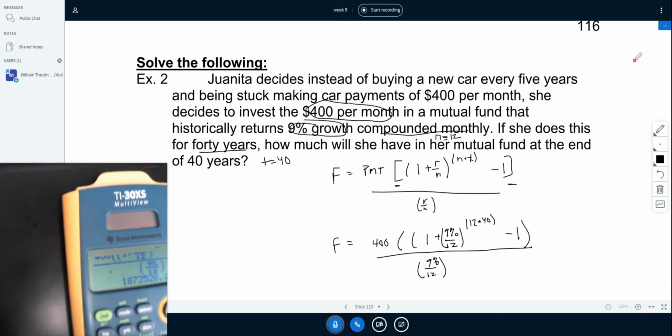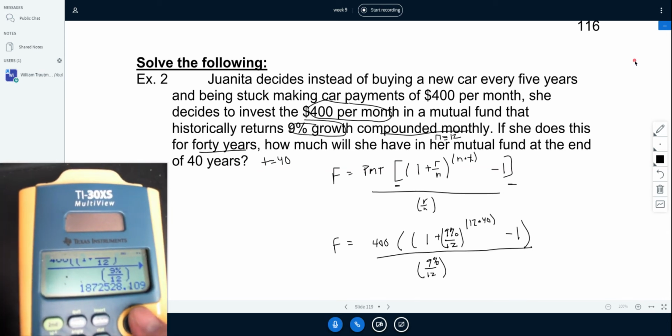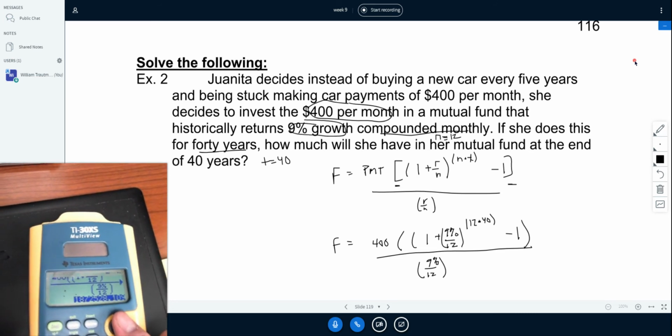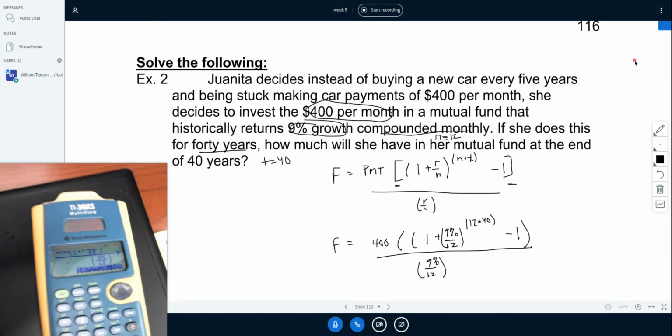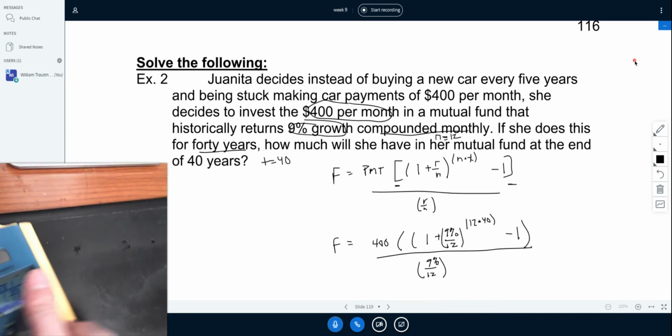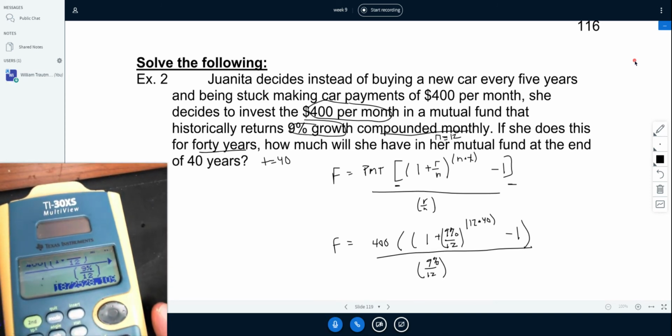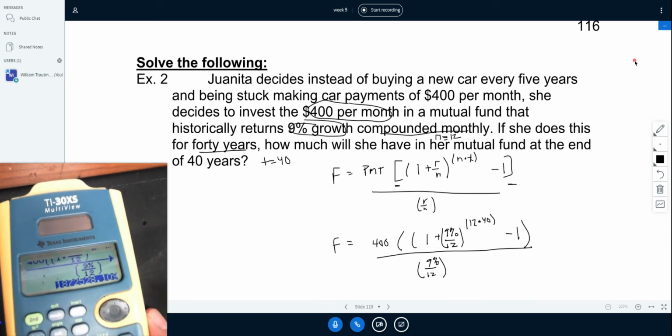Okay, so I had an extra parentheses in there. So I think I figured it out. When you do all this, you should get that answer: 1,872,528.